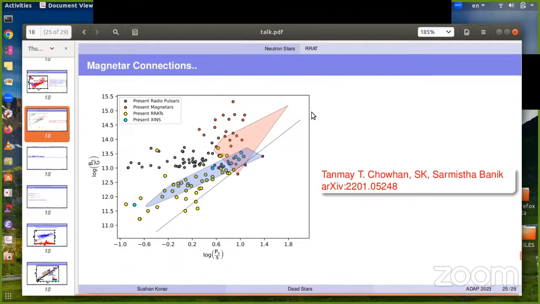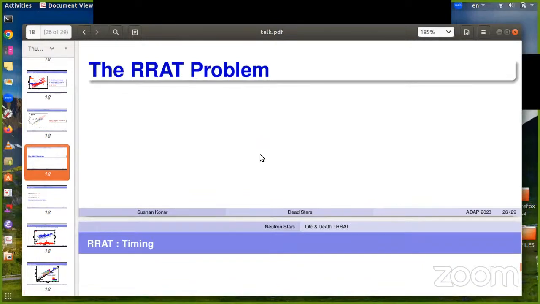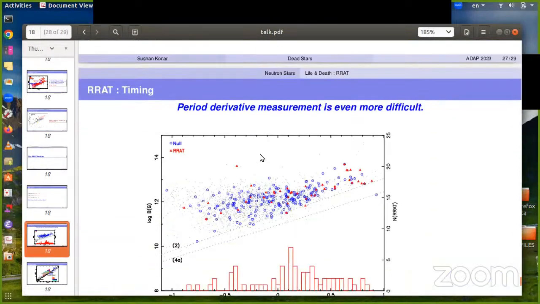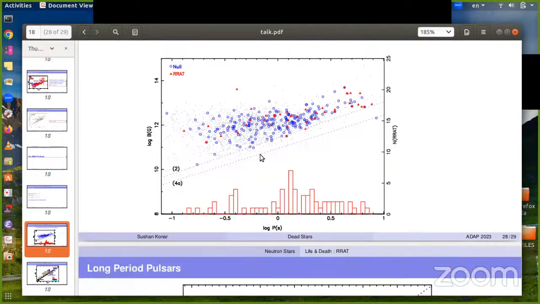When we started this problem, those fellows were not discovered, so we didn't know that there would be strong magnetic field objects sitting here. Okay. So RLATs could also be coming from those. And one of the holy grails of neutron star astrophysics is finding evolutionary connections between different classes of objects. So this is one: what are RLATs and why are they behaving the way they are?